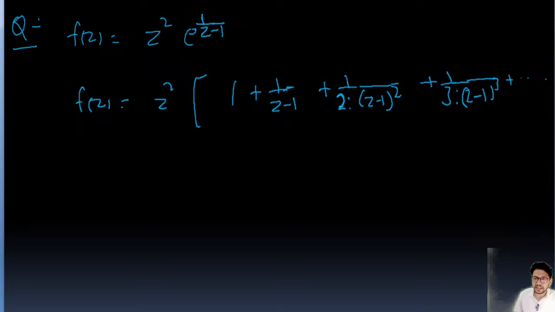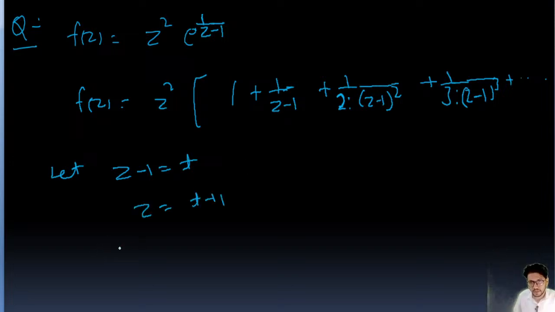Okay, so this is the one. Now we have to find it. So we are going to make a substitution. We'll take z minus 1 equal to t. Let's suppose z minus 1 equal to t, so it means the value of z is going to be t plus 1.